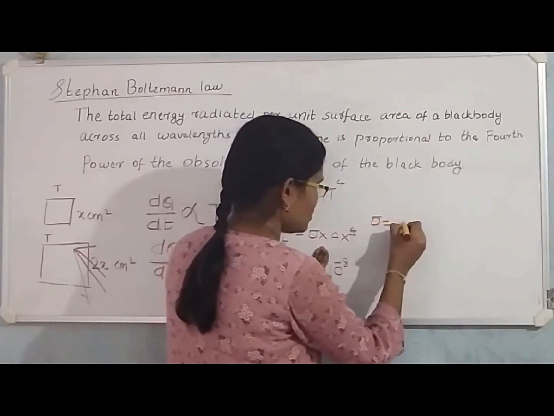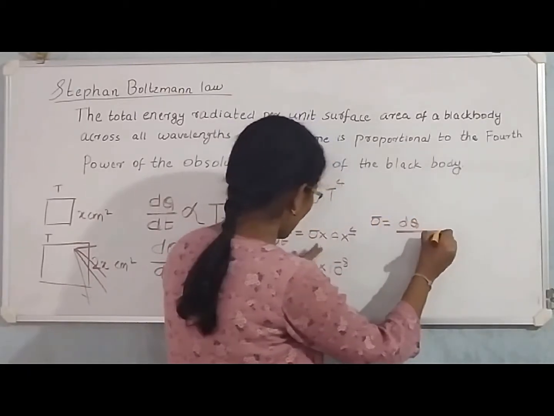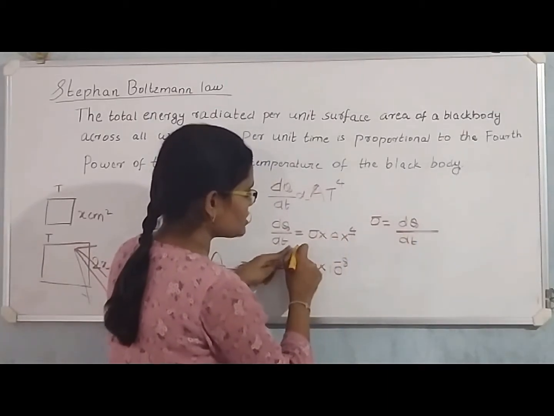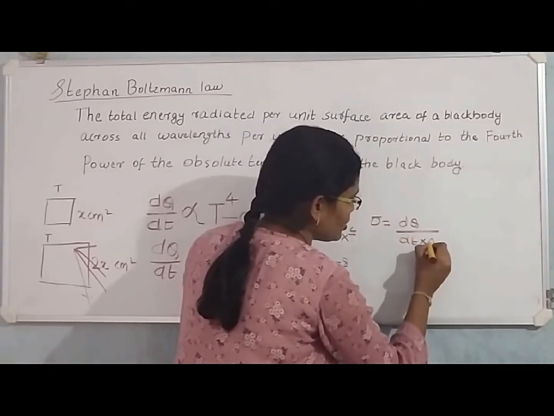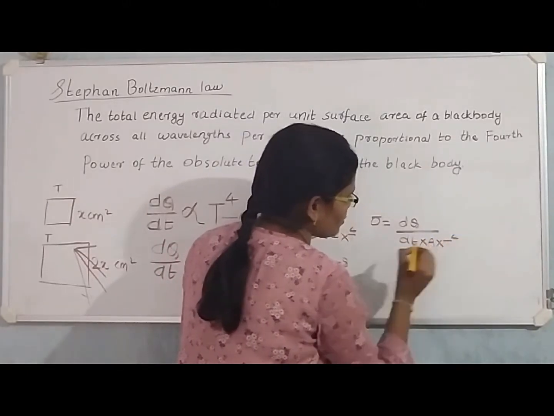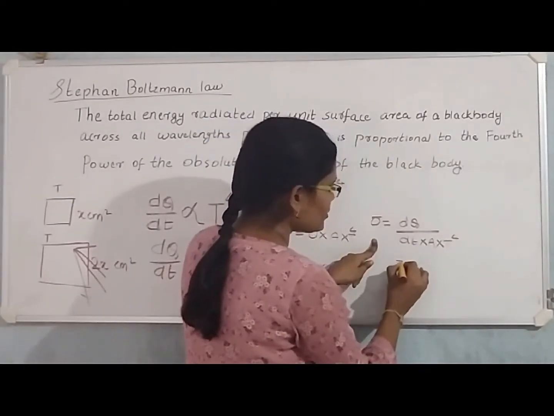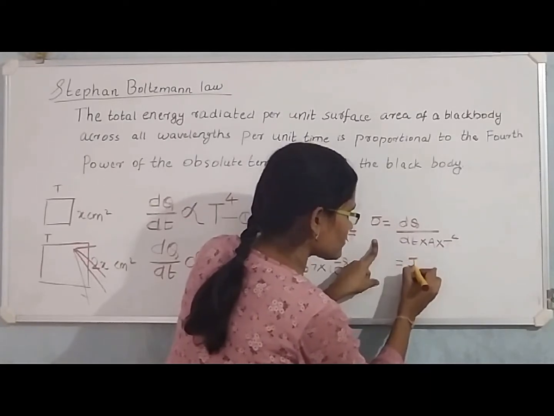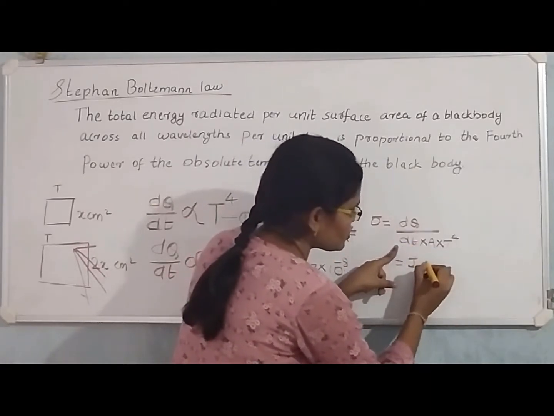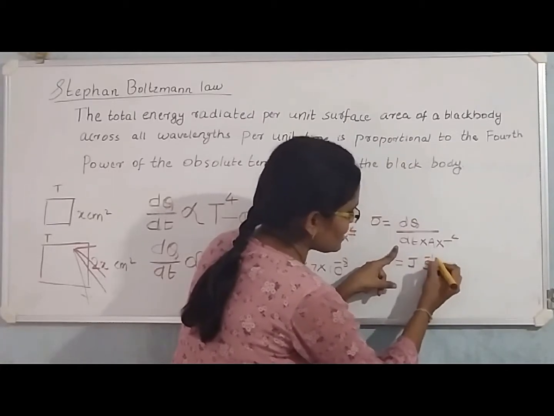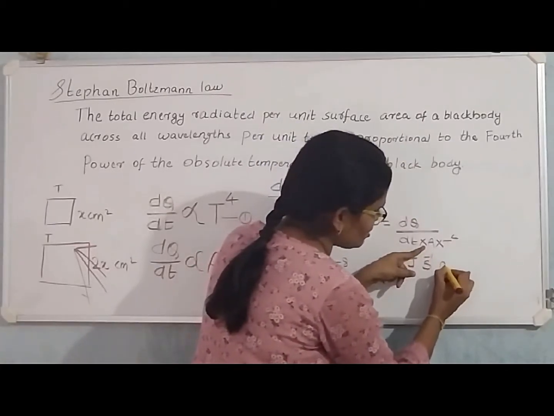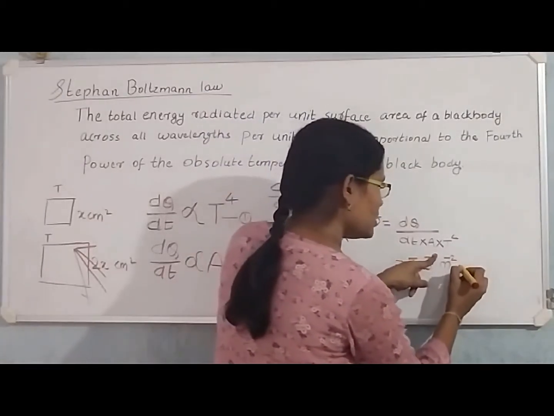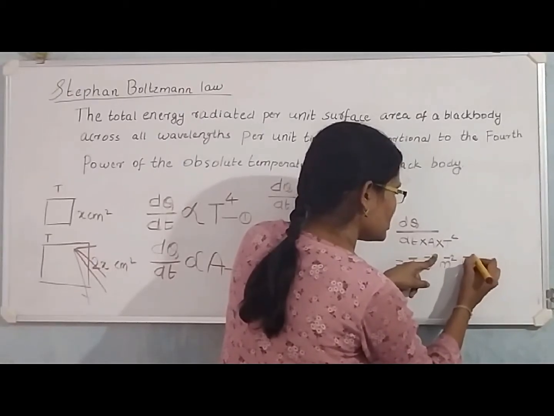Sigma is equal to dq by dt into 1 over A into T power 4. dq is the energy of radiation, so it has units of joules. dt is time, so it has unit second inverse, A has unit meter power minus 2, and T has units Kelvin power minus 4.